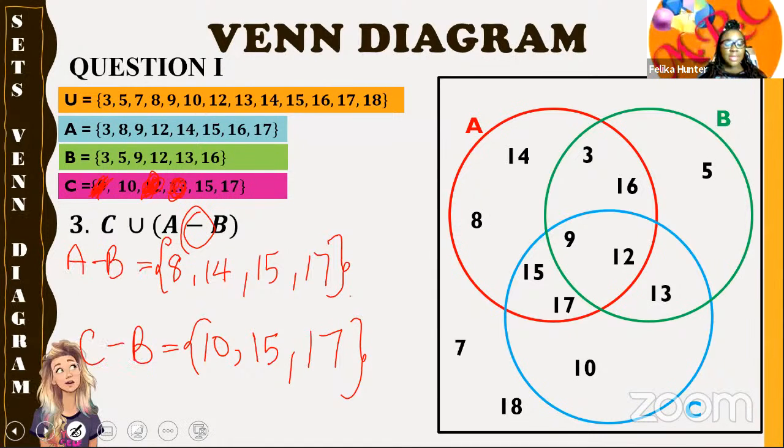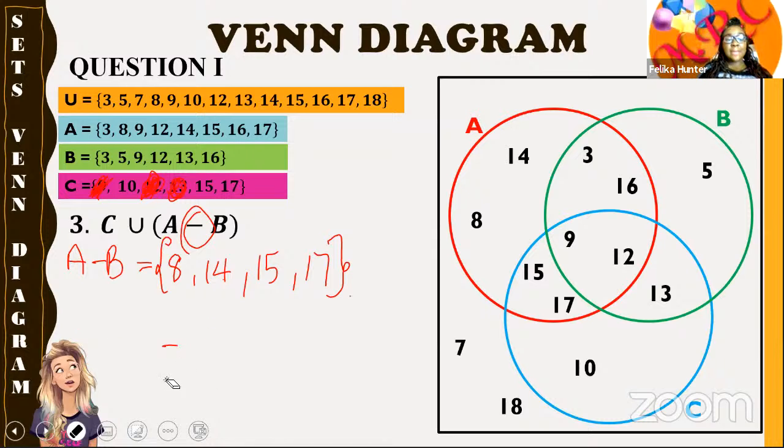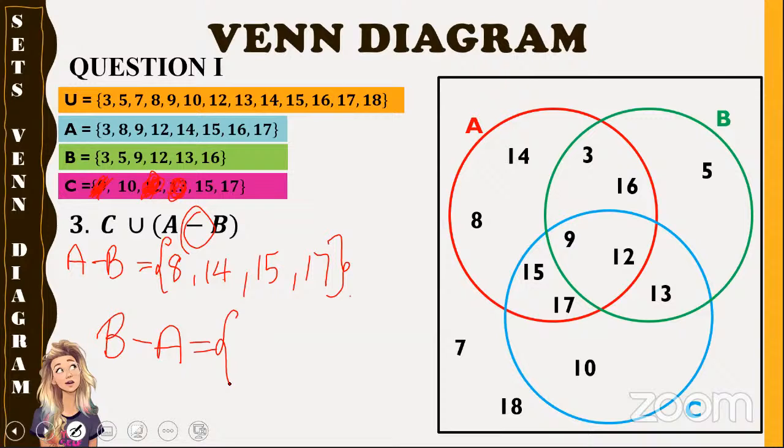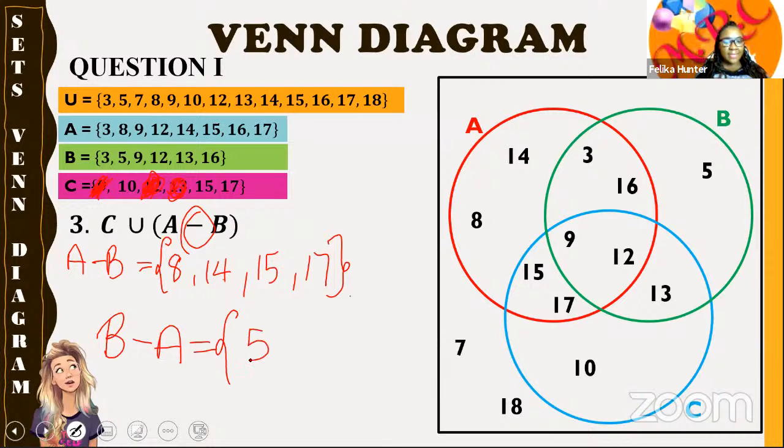So let's go again. If I say B minus A, look how different the answers would be now. If I say B minus A, the answers are going to come strictly from B. So yes, Simone, you said 5 and 13. 5 is there, 9 is there, 12 is there, and 13.